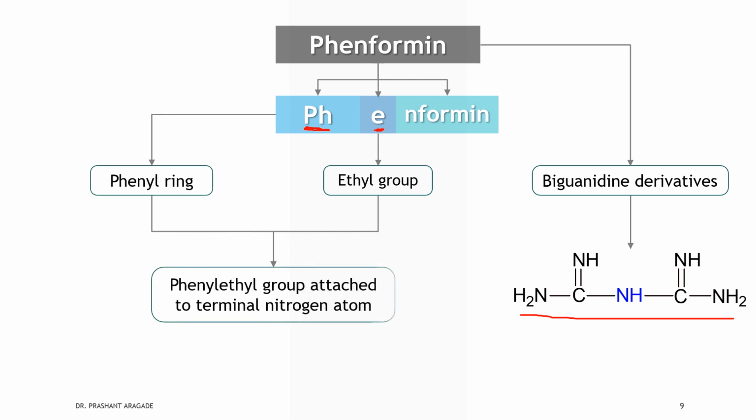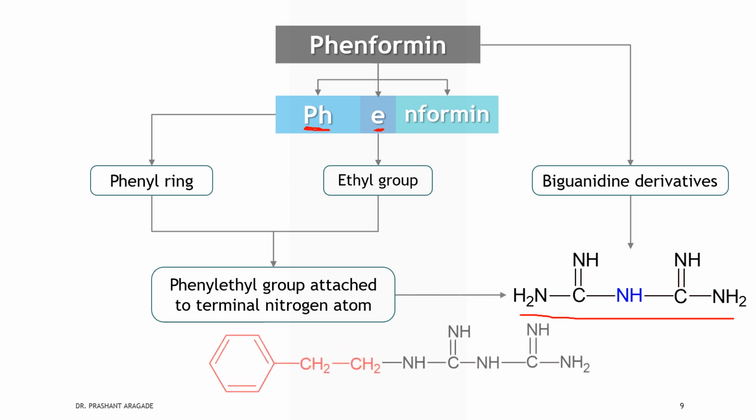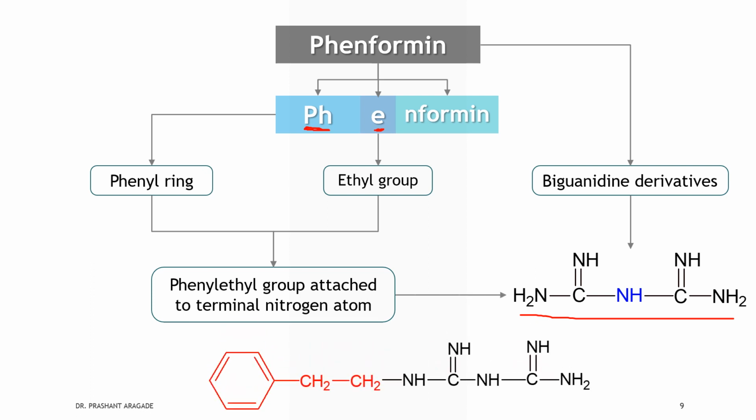So the phenylethyl group, that is an aryl alkyl group, is attached to the terminal nitrogen atom. See here, this is the aryl alkyl group attached to the terminal nitrogen atom of the biguanide. In the case of fenformin, the phenylethyl group is attached to the terminal nitrogen atom.